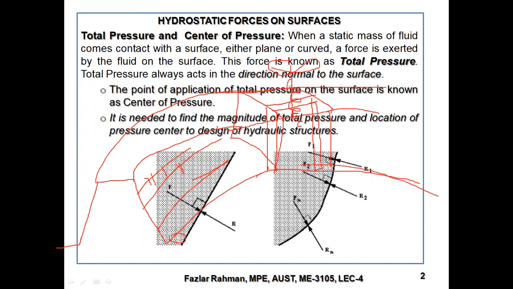So you need to figure out what will be the force if the water level comes this high, but you are not opening your dam over here, the sluice gate is closed. In that case, how much will be the force on the structure? Okay.